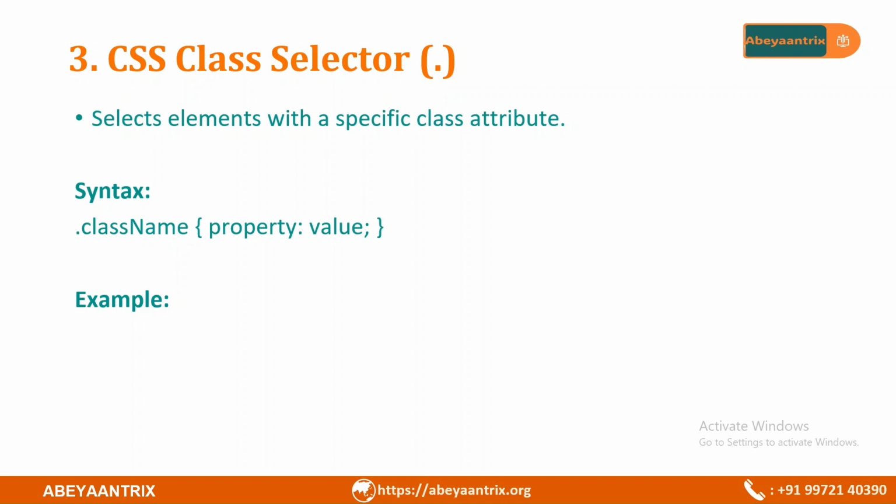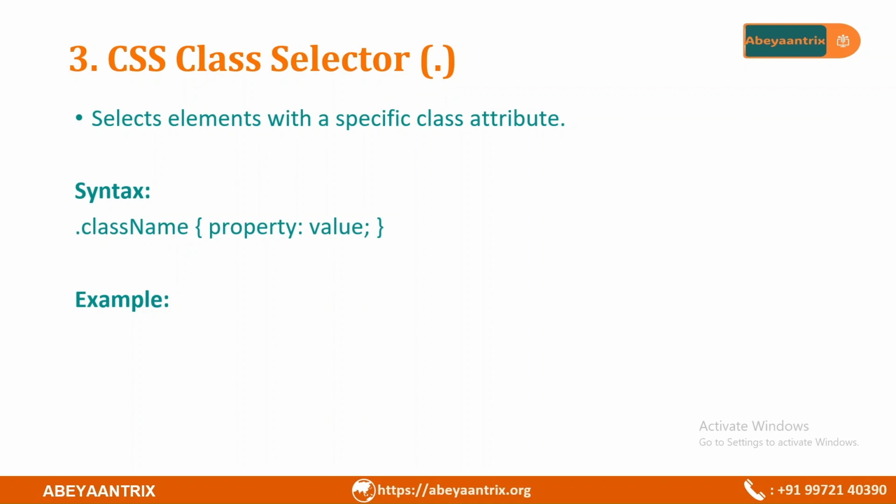If you are uniquely styling one particular paragraph, you choose an ID. If you are combining multiple paragraphs with the same property, the same styling, a group of similar elements, you choose the CSS class selector.